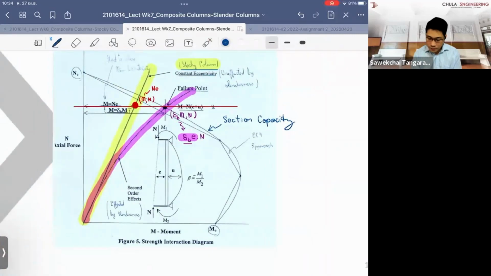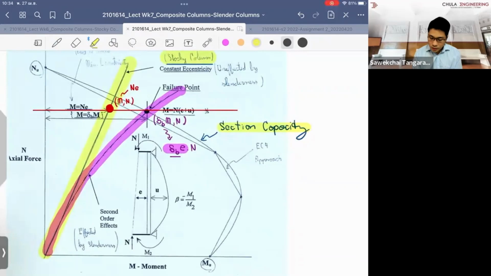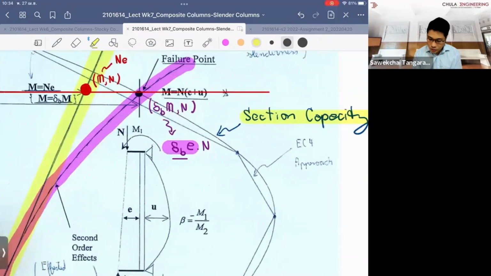But if you have what is called a slender column, the code suggests you use a factor, and the factor is called delta B, which is the moment magnifier.